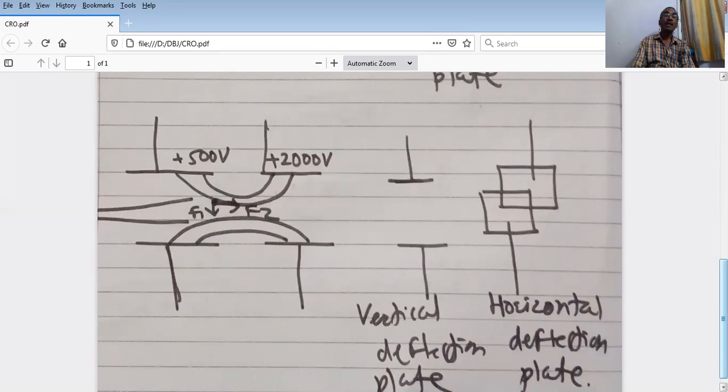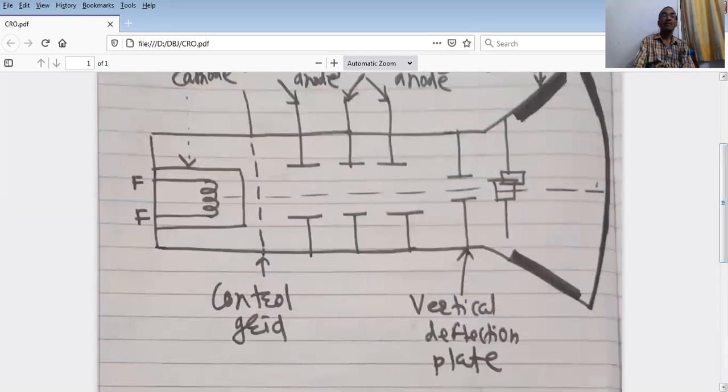Why is this focusing anode needed first? You see that here the electrons coming out from the control grid are in a diverged beam. To understand the diverged beam, 90% of you students live in rural areas, and most of your parents are doing farming.